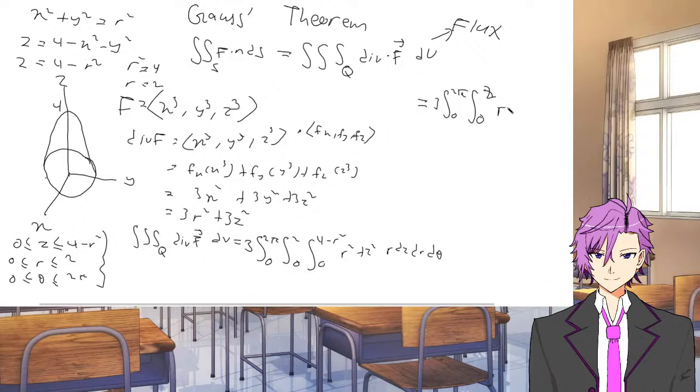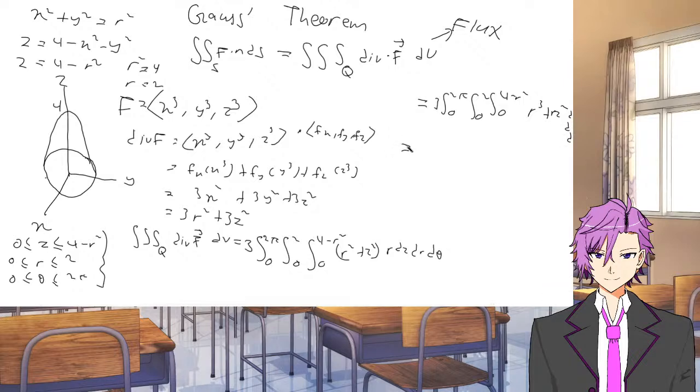So this would be r squared z plus z cubed over 3. No, wait. We forgot the r again. So r, 0 to 2 pi, 0 to 2, 0 to 4 minus r squared. So this would be r cubed plus r z squared, dz dr d theta.